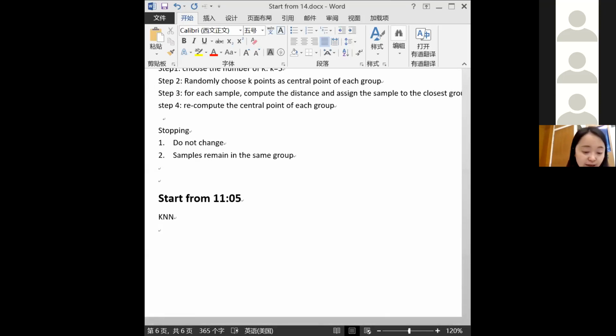It's also a hyperparameter. We need to decide the number of k.